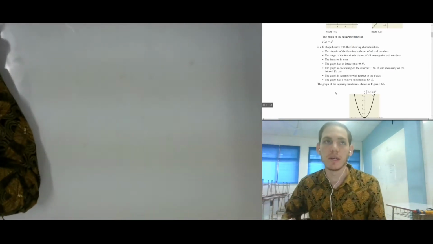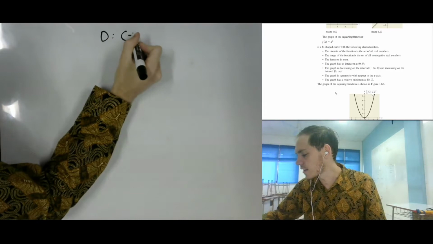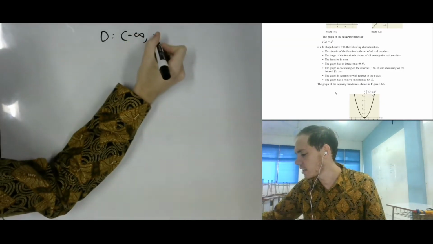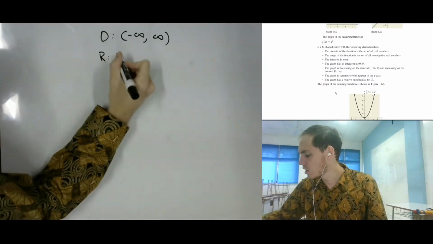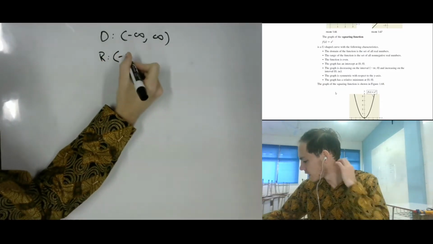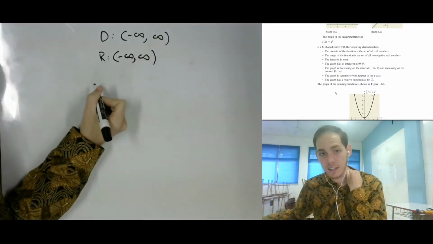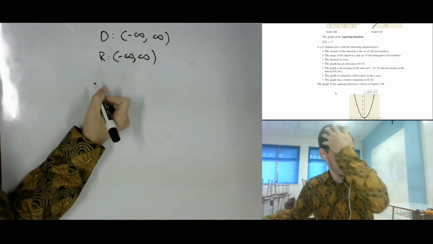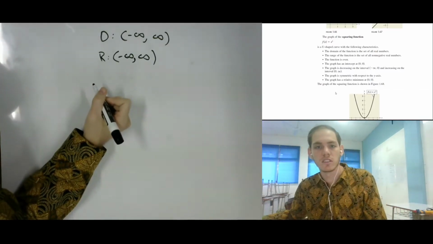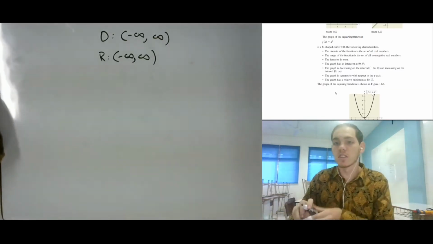A squaring function. So what's our domain for all polynomials? Our domain is the set of all numbers, so negative infinity to infinity. What's our range? Sorry, for this one the range is not all numbers.